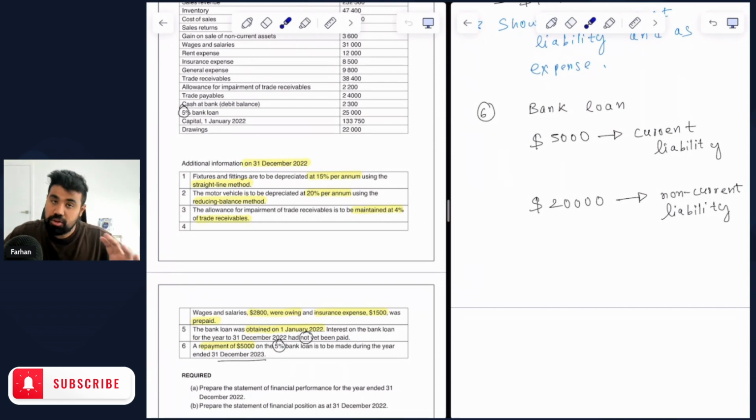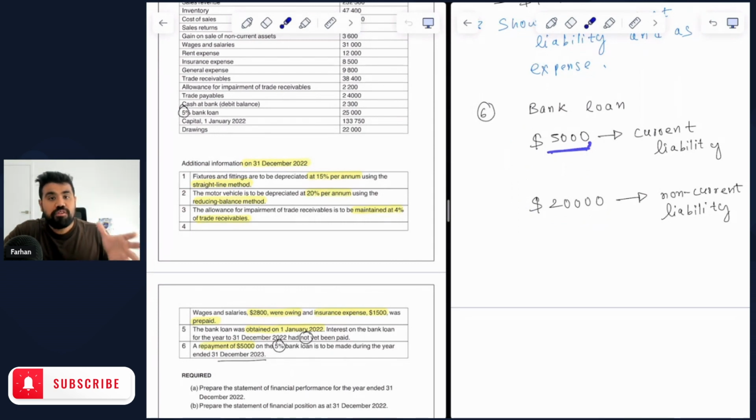So here is something that you need to understand. The bank loan, we understand, in total is $25,000, of which $5,000 we are going to be paying in 31 December 2023 and $20,000 which we will be paying from the year 2024 onwards. Now, the $5,000 that we will be paying in the next 12 months, given that today we are at 31 December 2022, is defined as a current liability.